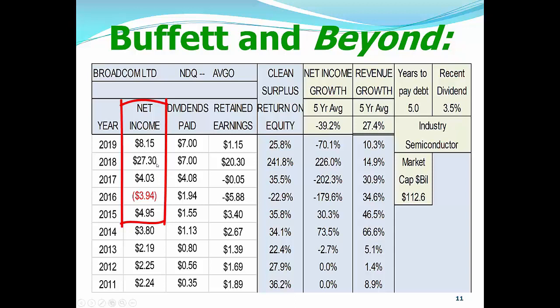And look at this 2018 number, and why these semiconductor stocks took off to the moon is because this thing just went from $4 a share of net income to $27 a share this year, and next year is going to $8 a share. Now, don't think this net income is going down, because $8.15 a share projected for 2019 is still double this great 2017 number.